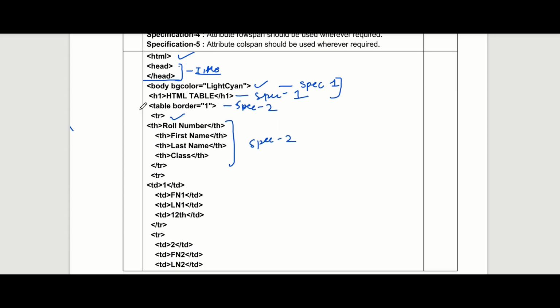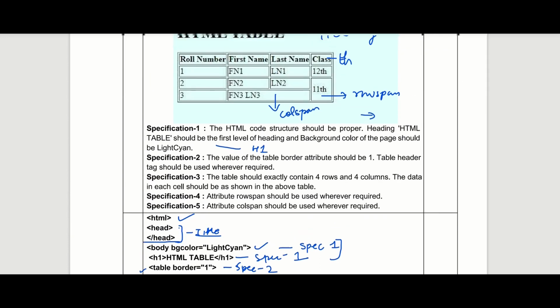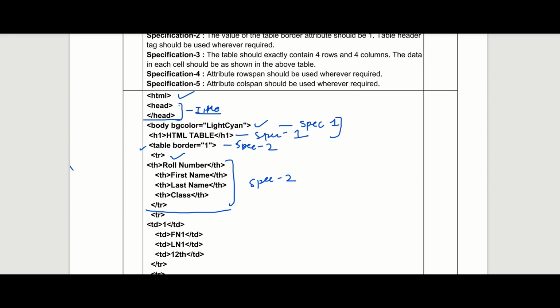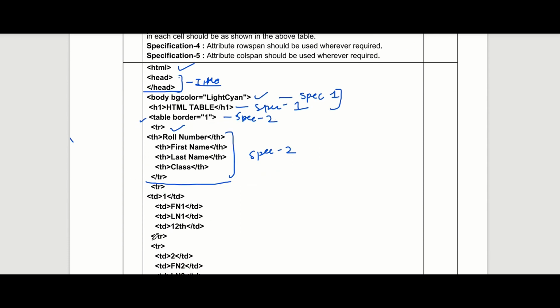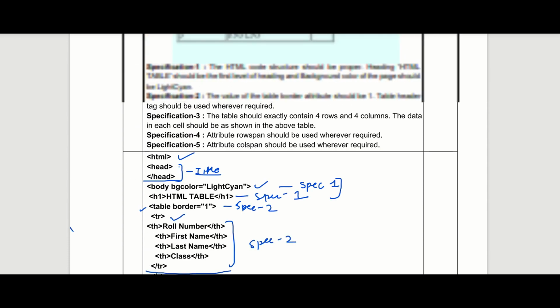So here the table has already started, the table head portion is done. Now we will see how the first row is arranged. The first row is simple: TR, TD /TD, this is also TD, this is also TD, this is also TD, and then /TR. So this is TR, 4 times TD and /TD. One row is completed.